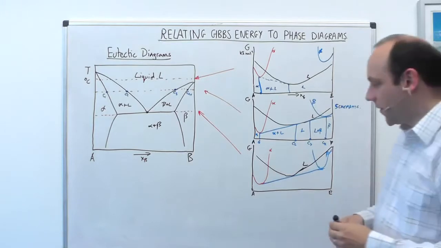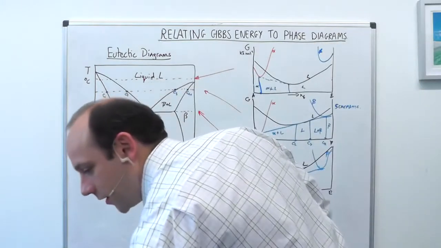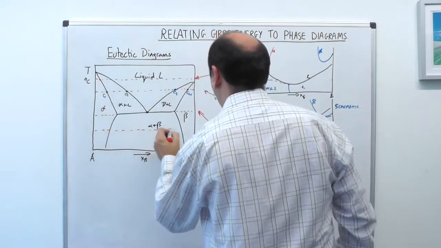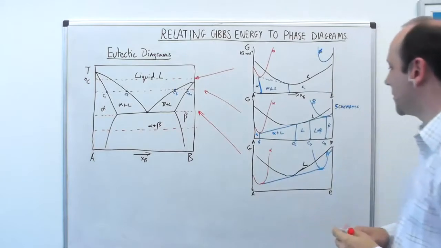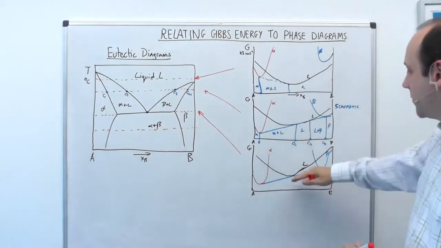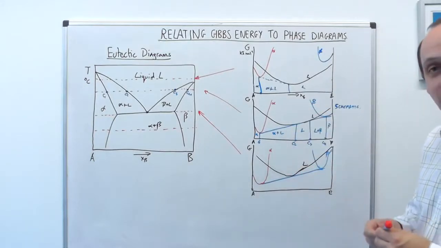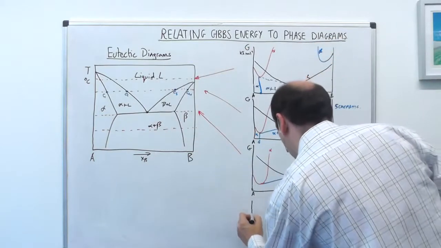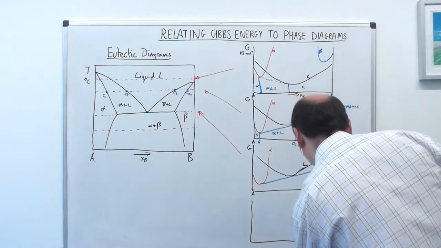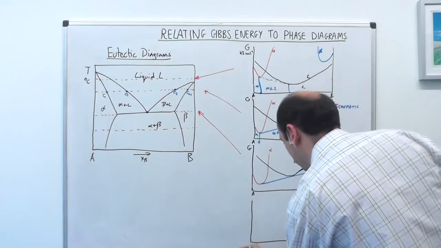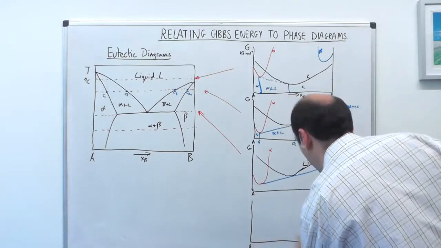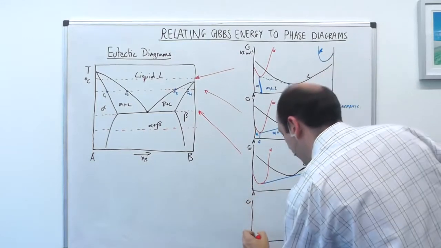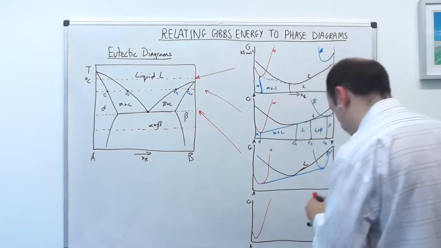And then finally, we've got our last temperature we can consider, which is down here. And at that last temperature, the liquid will have moved up so far that it's not participating in the equilibrium at all. So at that temperature, then we can draw our last diagram, A through to B, Gibbs energy. This one will be a lot easier to draw. We'll have our alpha phase.